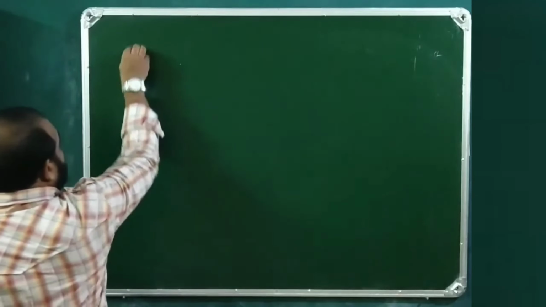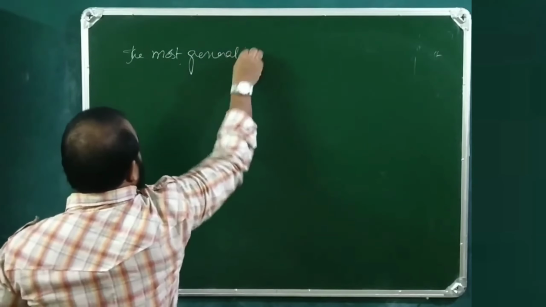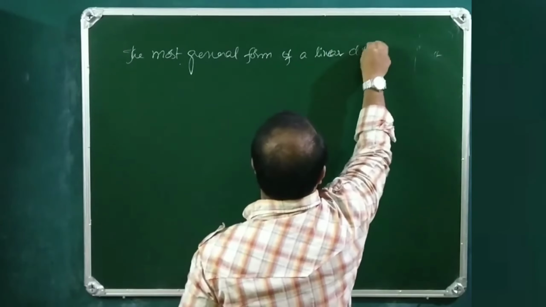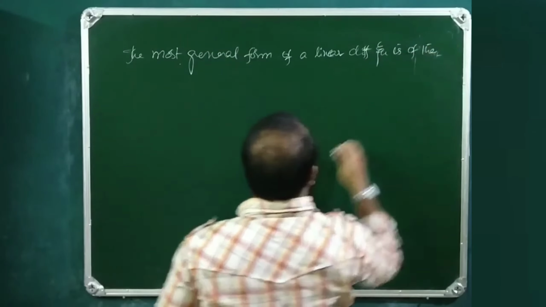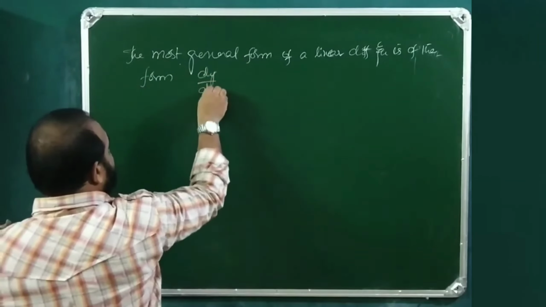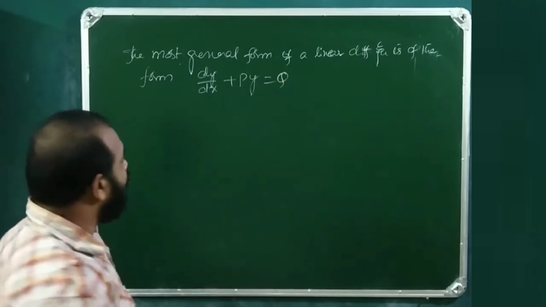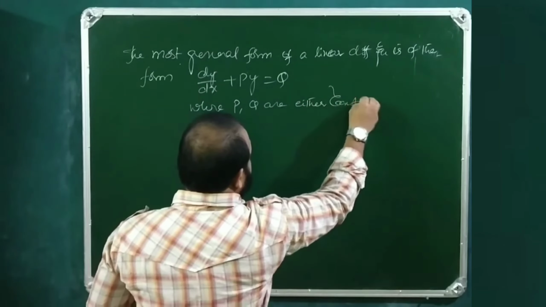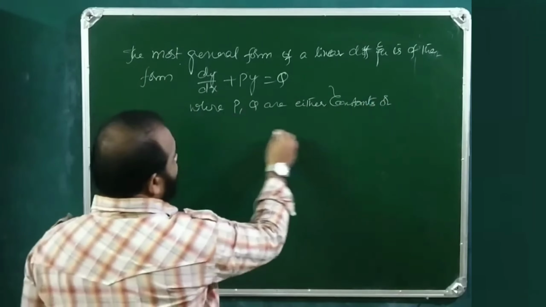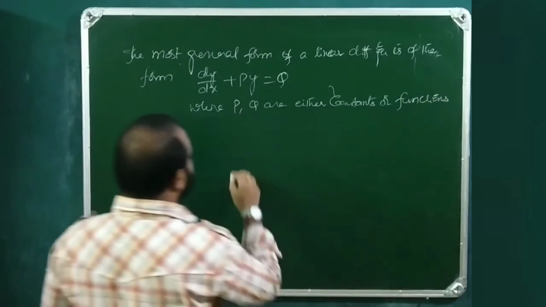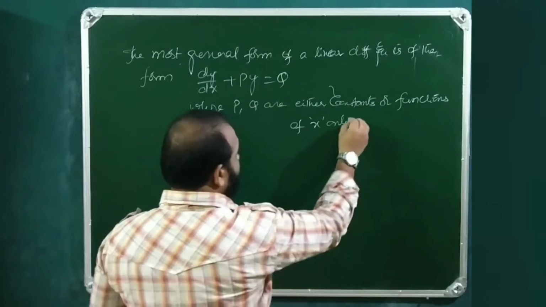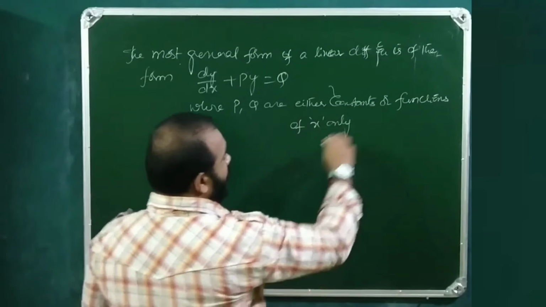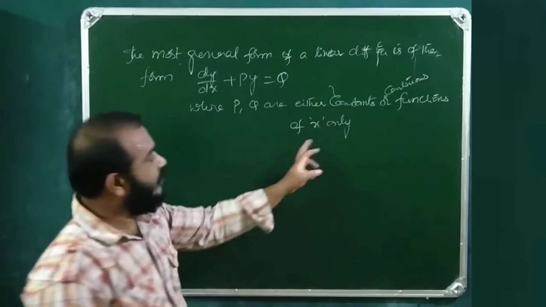So, the most general form of a linear differential equation is of the form dy/dx + Py = Q, where P, Q are either constants or functions of x only, and P, Q are continuous functions of x only.